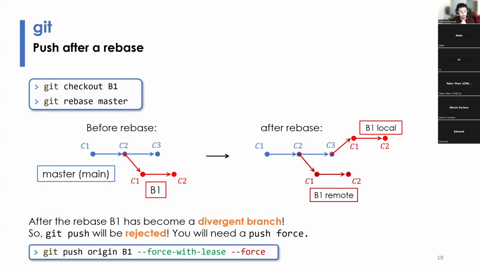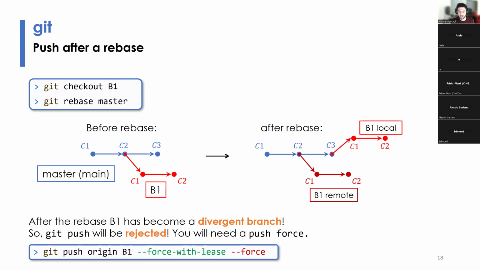Git push in this particular case will be rejected from GitHub, GitLab, or whatever service you use, unless the service you are using doesn't have any safety control. You will need a git push force, of course.